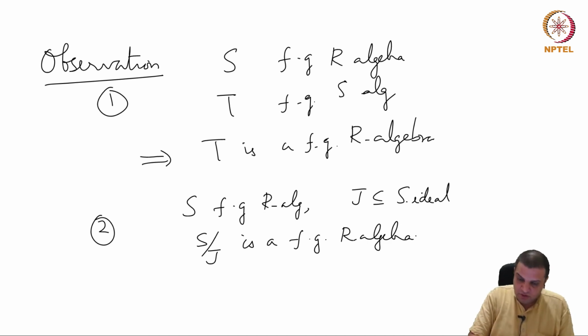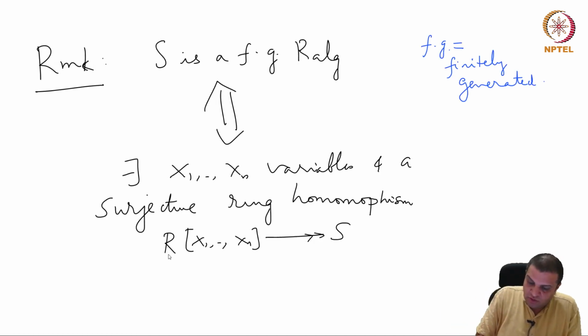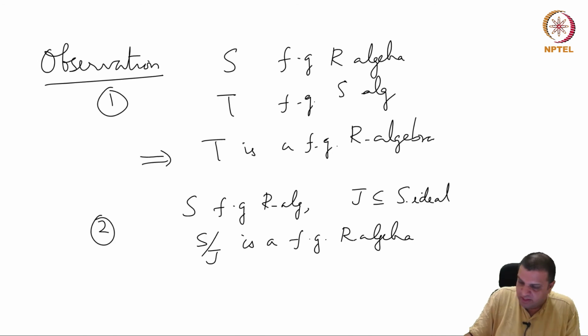Using observation 2, one can prove the other direction. The polynomial ring is finitely generated because the generating set are the variables. S is a quotient, so it is this finitely generated thing modulo an ideal, and hence the quotient is also finitely generated.